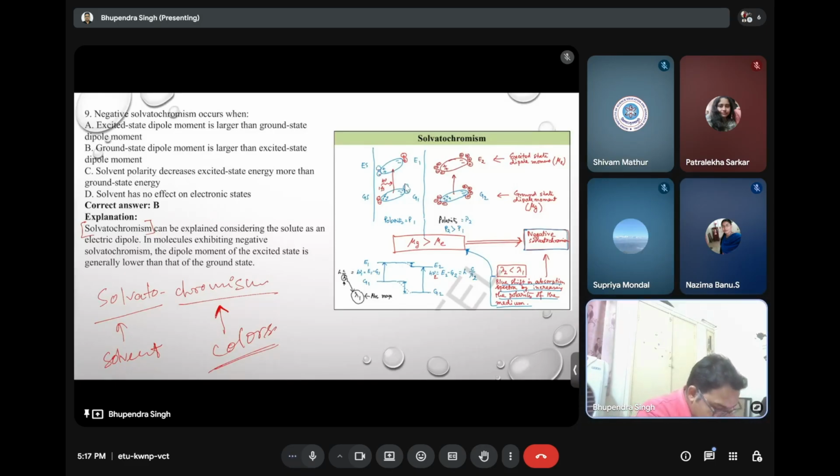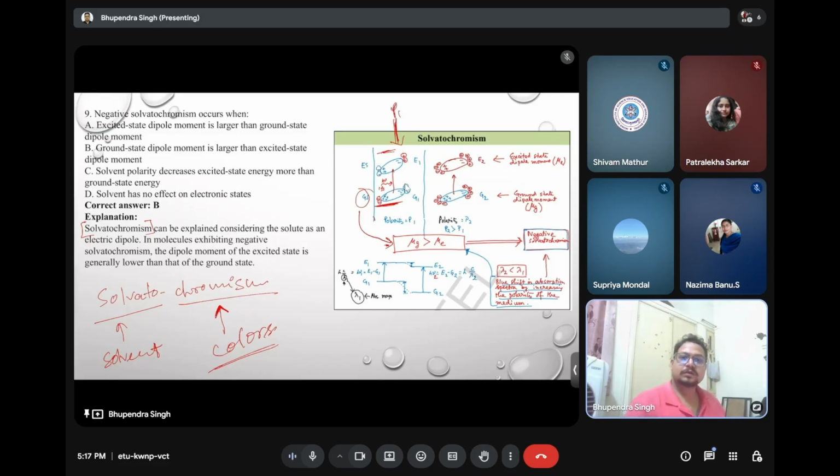So negative solvatochromism occurs when... negative, positive is just the terminology. You have to understand the concept, then you'll figure it out. No problem. It simply means that, let's say this is the ground state and this is the excited state. If it has the higher polarity... Okay, so let's say this molecule is in a solvent of polarity P1.